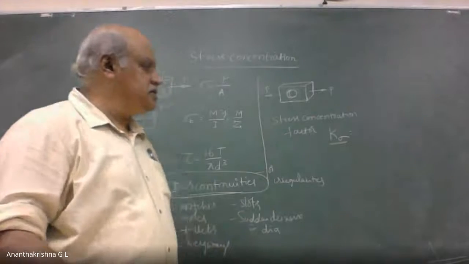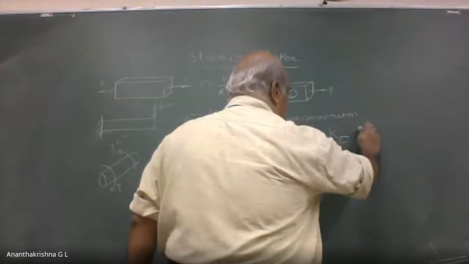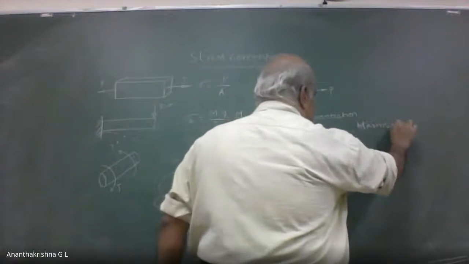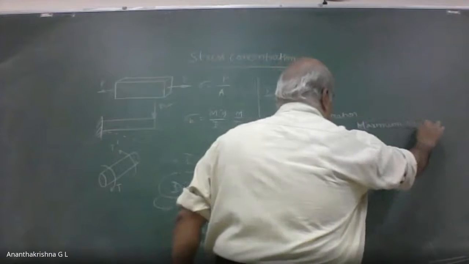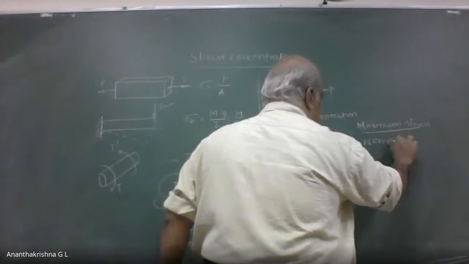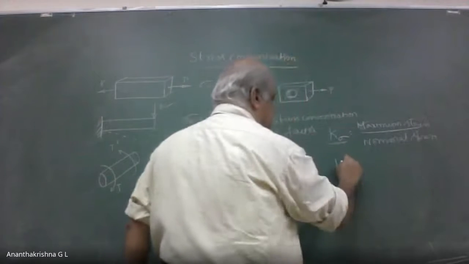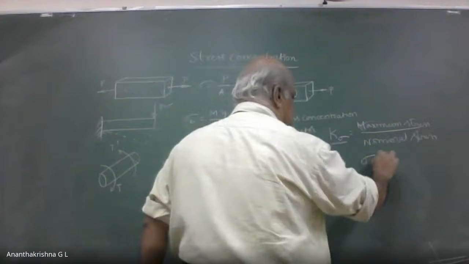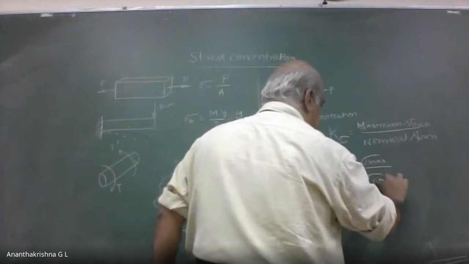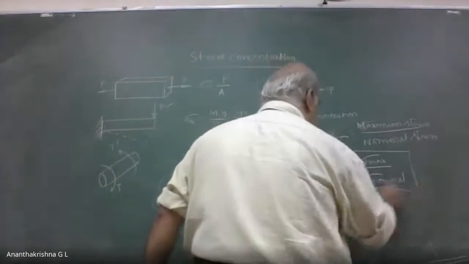What is the stress concentration factor? It is essentially the ratio of maximum stress to nominal stress. That is, K sigma is equal to sigma max divided by sigma nominal. What is sigma nominal?